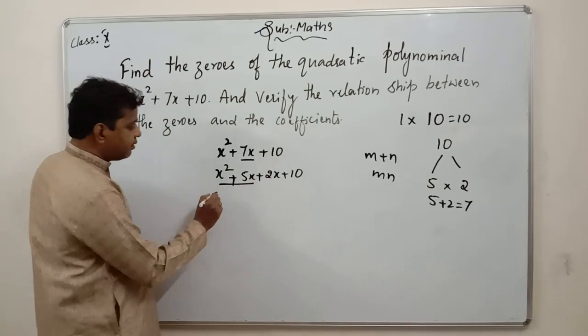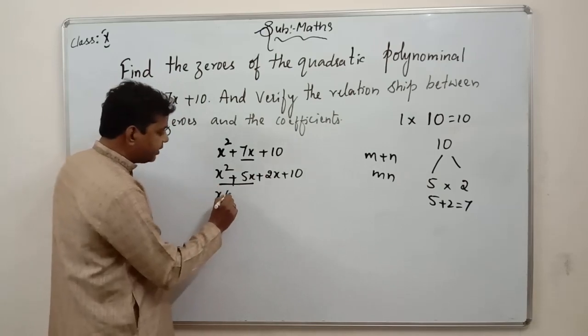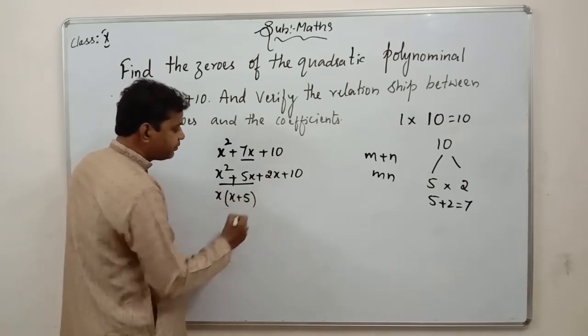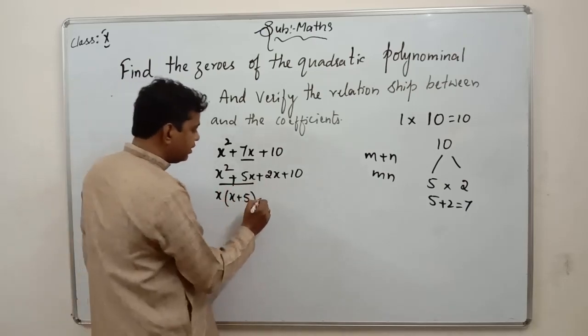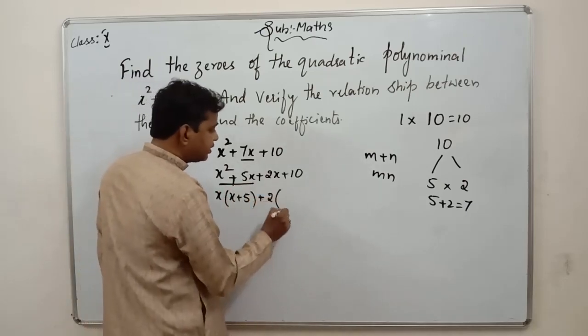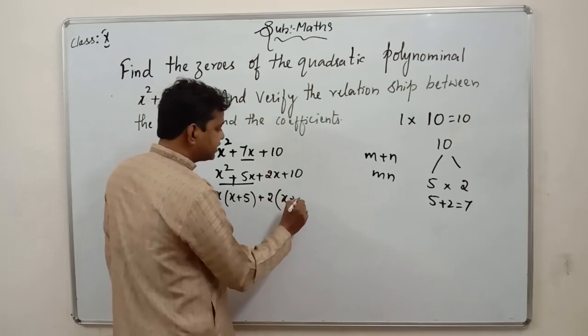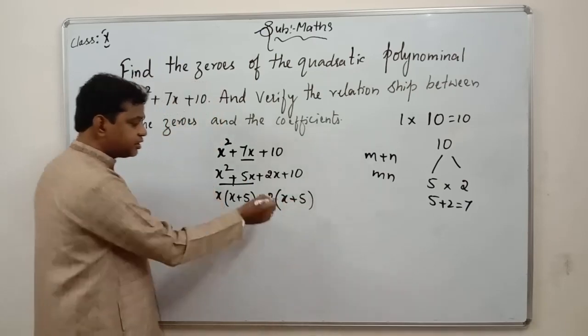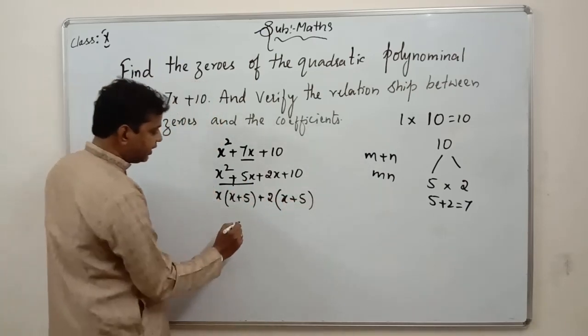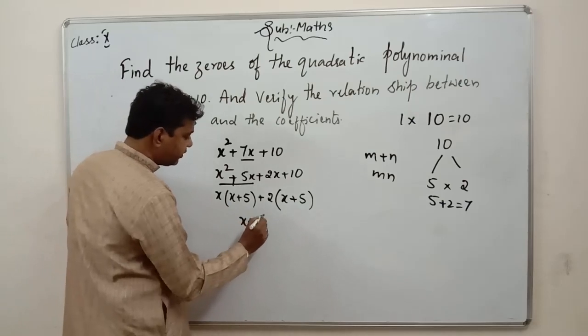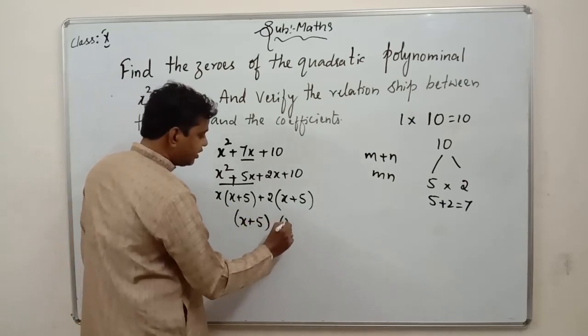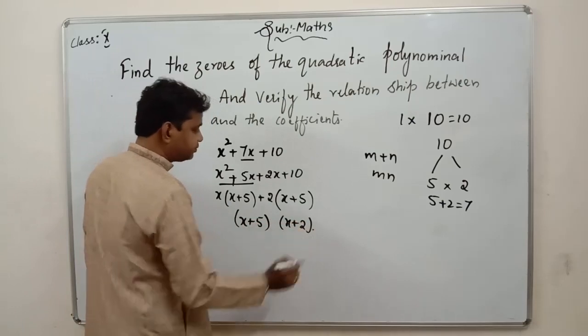I can take x common and remaining is x plus 5. Plus I can take 2 common, remaining is x plus 5. In these two, I can take common x plus 5 and remaining is x plus 2.